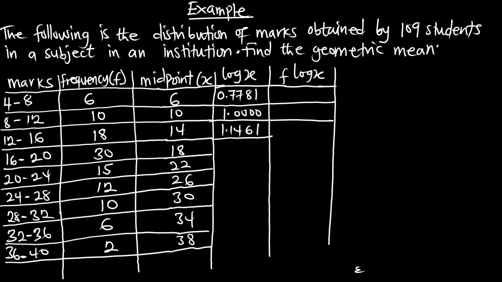Log of 18, that is going to be 1.2552. Sorry, yeah, we have log of 22. So log of 22, we are also going to get 1.3424. Log of 26, that is 1.4149.